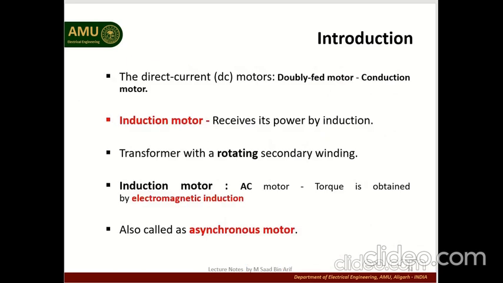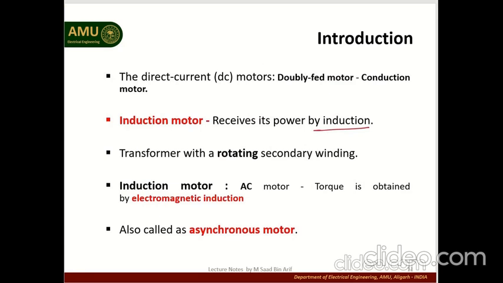Also, if you look at induction motor, the power transfer from the stator to the rotor side is by the principle of electromagnetic induction, whereas in case of DC motor, the power transfer takes place by the mode of conduction, that is, the electrical power is delivered directly to the armature of the DC motor via commutator.